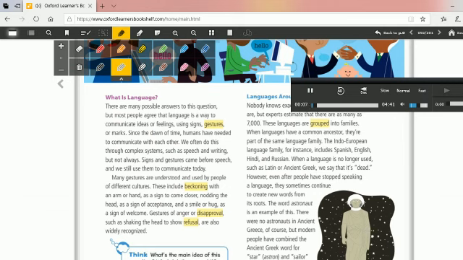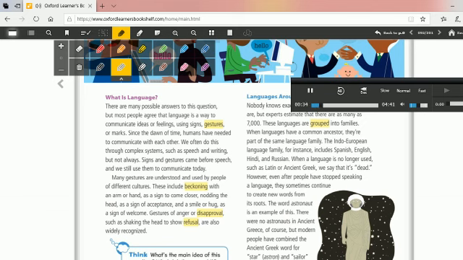What is language? There are many possible answers to this question, but most people agree that language is a way to communicate ideas or feelings using signs, gestures, or marks. Since the dawn of time, humans have needed to communicate with each other. We often do this through complex systems, such as speech and writing, but not always.